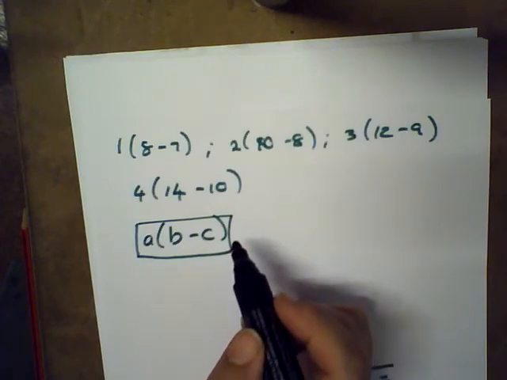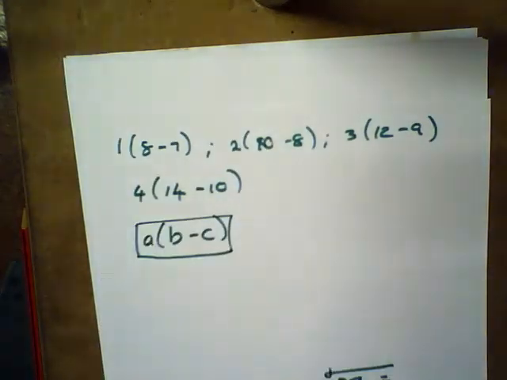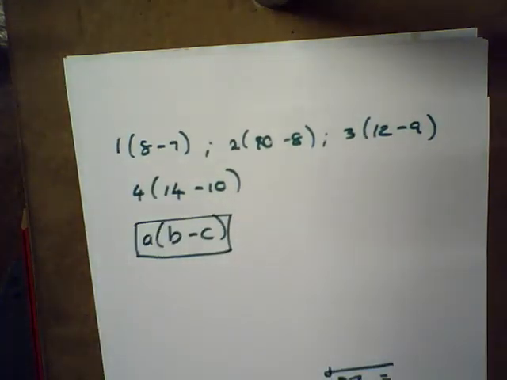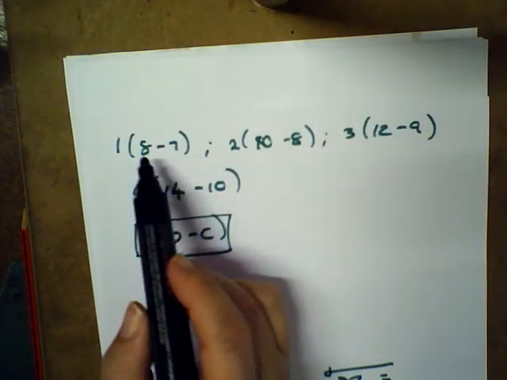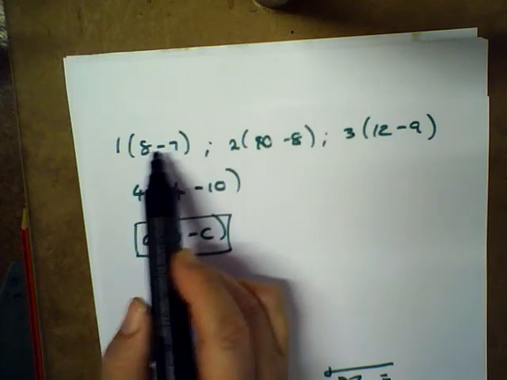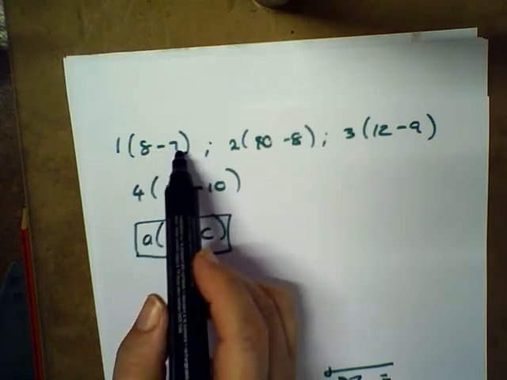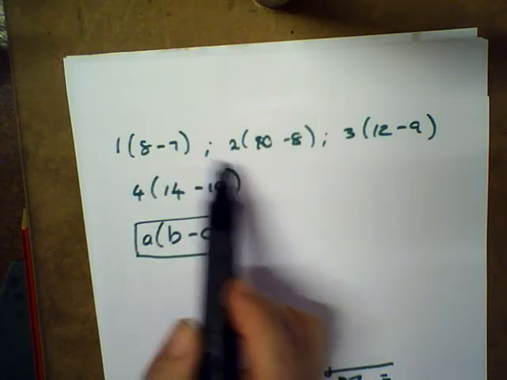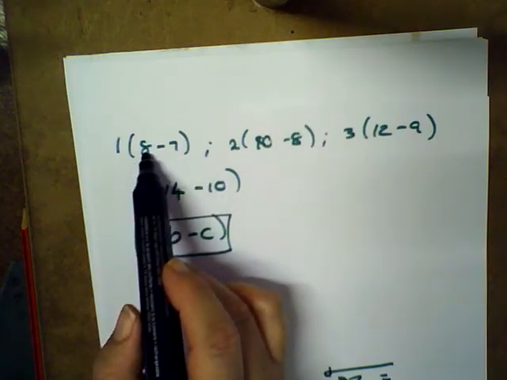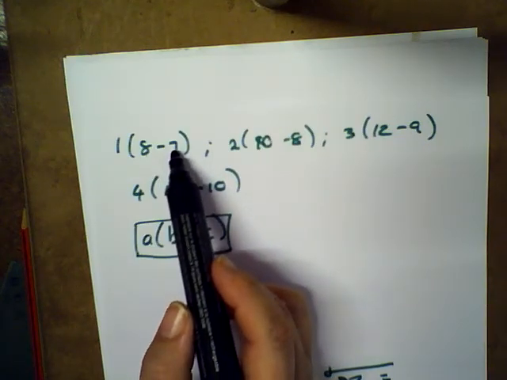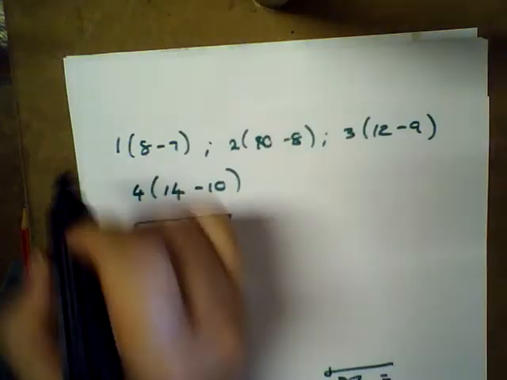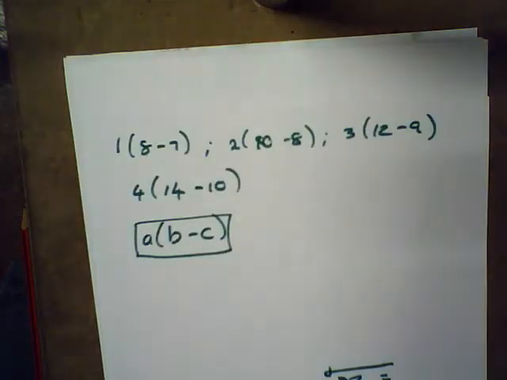So the next term. The 1 is from my first sequence, then the 8 minus 7 is from my second. Then 10 is from the third sequence, and the 8 is from the second. So let's quickly write it down here.